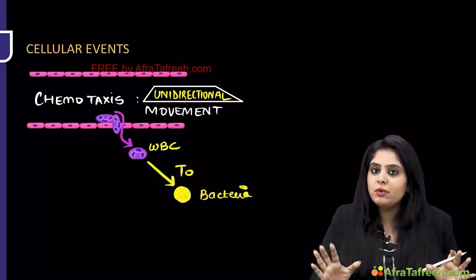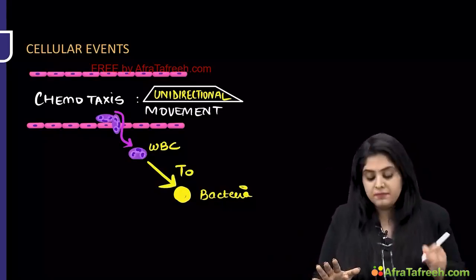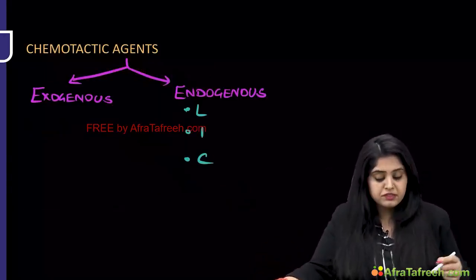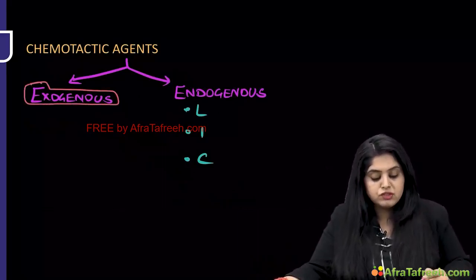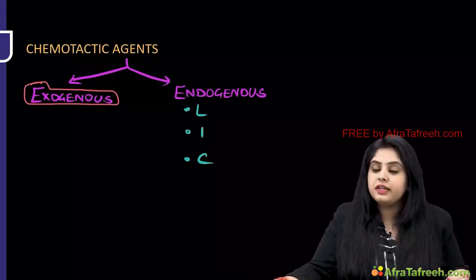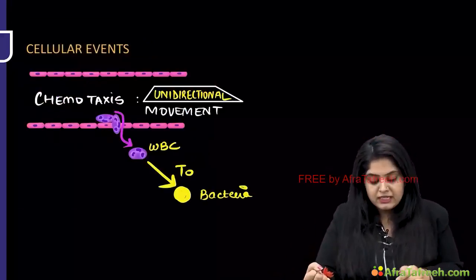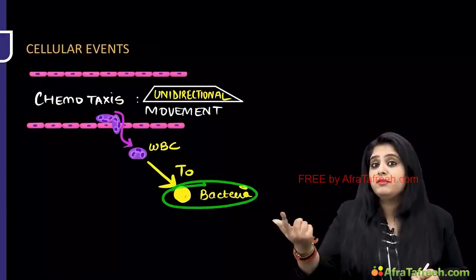So if this WBC is moving towards the bacteria, that has to be done by certain chemotactic agents. First, which is the only chemotactic agent which is exogenous? Exogenous means it is coming from outside the body, and that is the bacteria itself. Imagine this bacteria is like a magnet, pulling the WBC, but it's coming from outside the body.